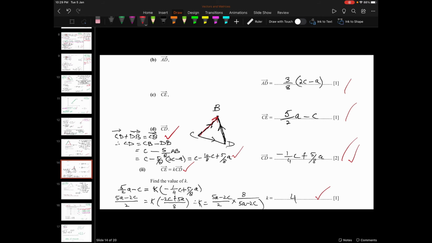Or 5A minus 2C upon 2 is equal to K into negative 2C plus 5A upon 8. From here we can get the value of K, which is equal to 5A minus 2C upon 2 into 8 upon 5A minus 2C, which is equal to 4.